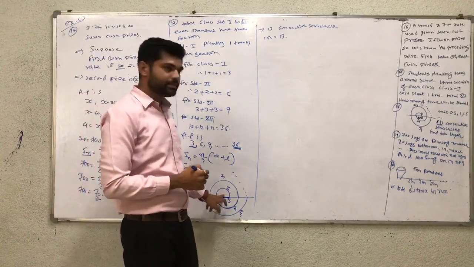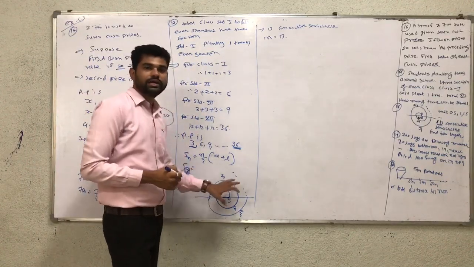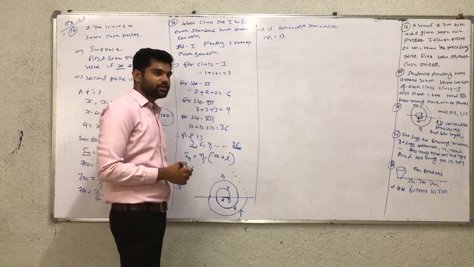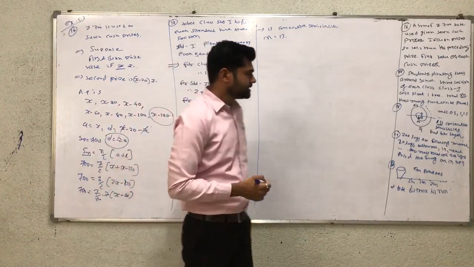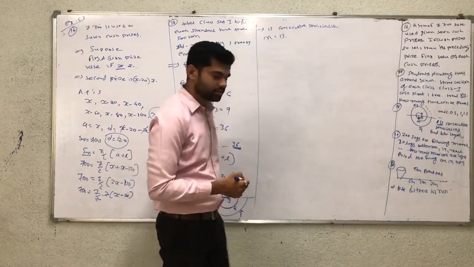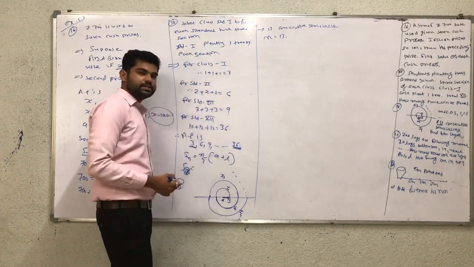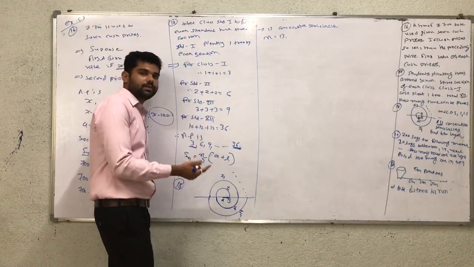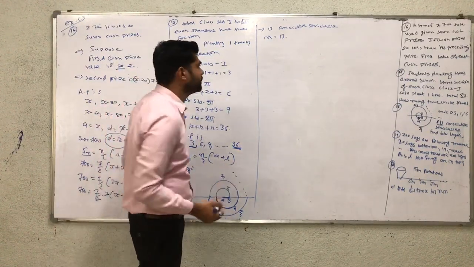Next, the semicircles all have different radii. The first semicircle has radius 0.5. The second has 0.5 plus 0.5, it means 1.